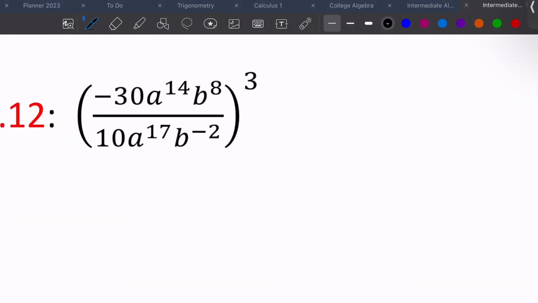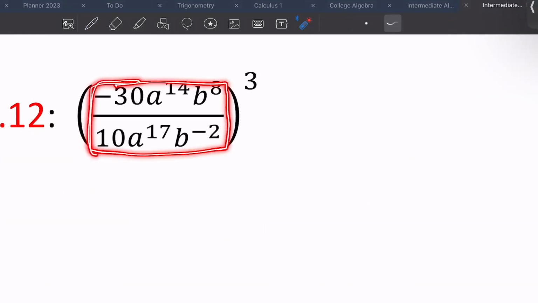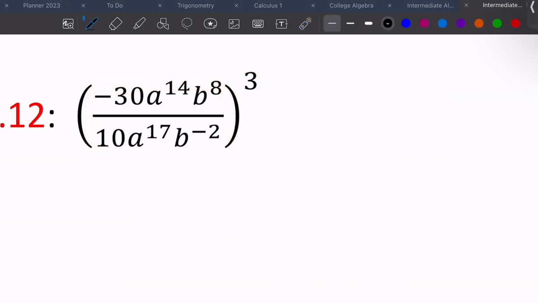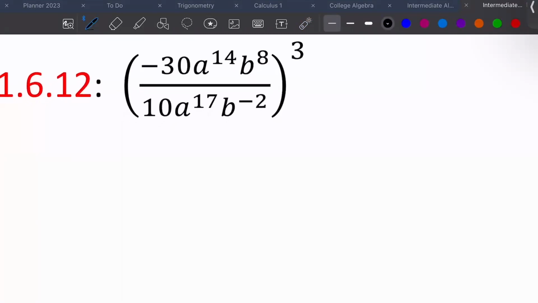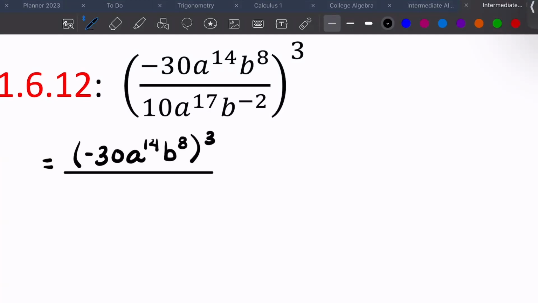What about this one? This one has a lot going on, right? First thing you should notice: division, quotient, to a power. So that 3 needs to go to the top and the bottom.